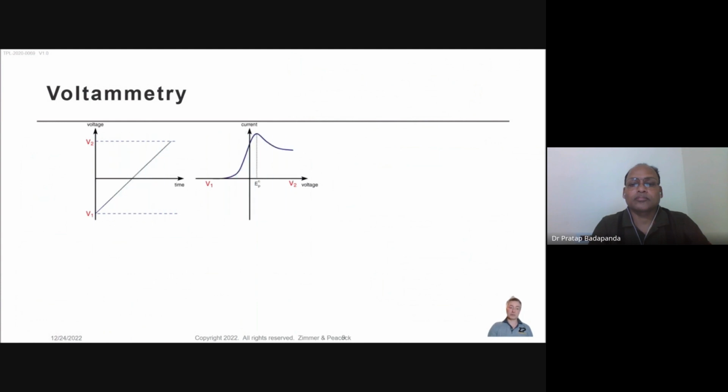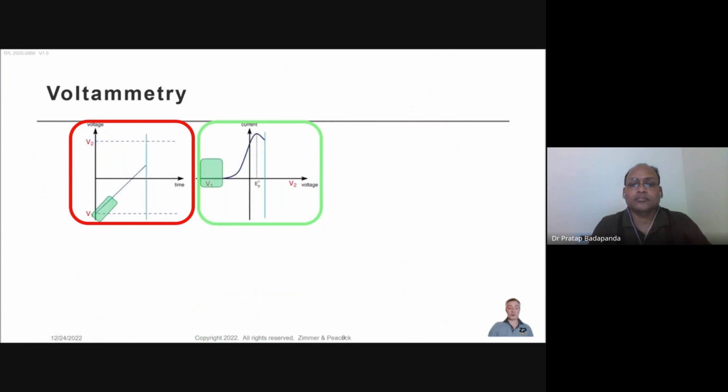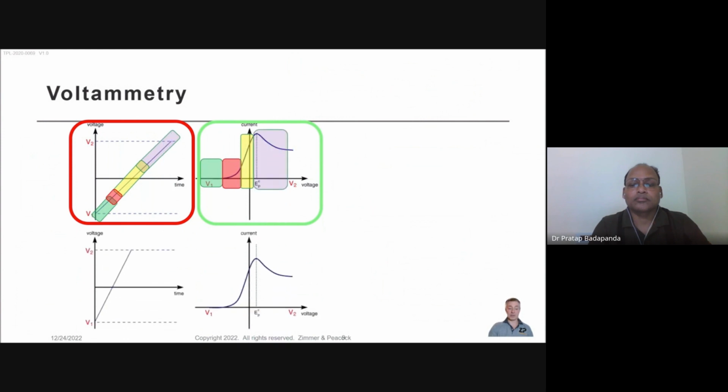In cyclic voltammetry, you go from V1 to V2 and back to V1. But as we change the voltage, the voltammogram is essentially generated at the same time. So we have the scan here, and here we have the resulting voltammogram. And then we have those regions of background, kinetic control, mixed control, and transport control here. So we have described that.